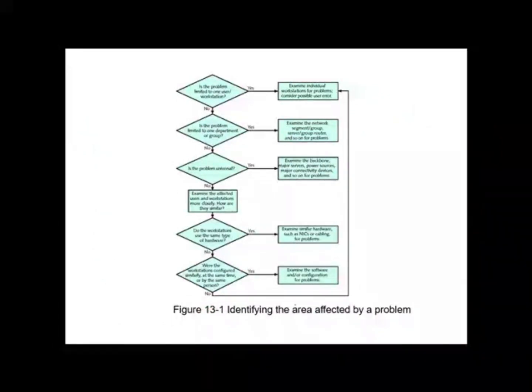Here we have a flow chart. That's called a flow chart. It is a graphical representation of these different steps. So it's a process, or you can say a question area. Is the problem limited to the user or workstation?